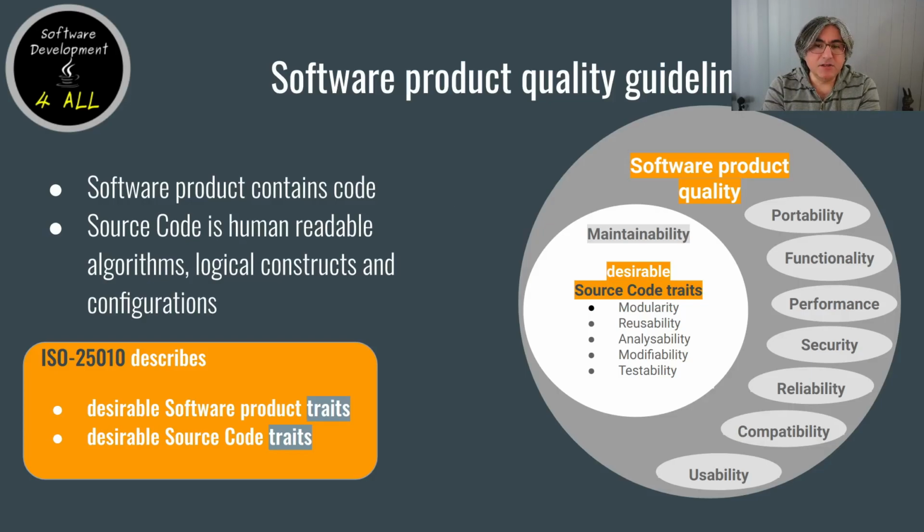The ISO standard actually defines the software product quality guidelines, or standard if you will, but not everything actually relates to source code. As developers, we are interested in making good source code, and as an organization that employs us, they want a good software product to use.